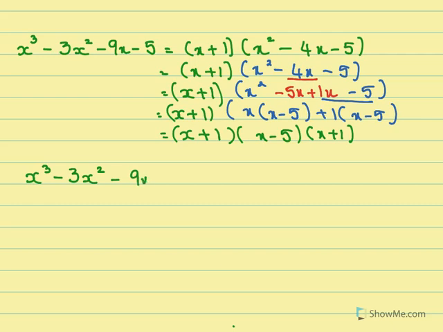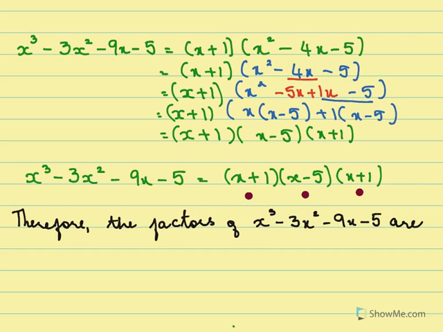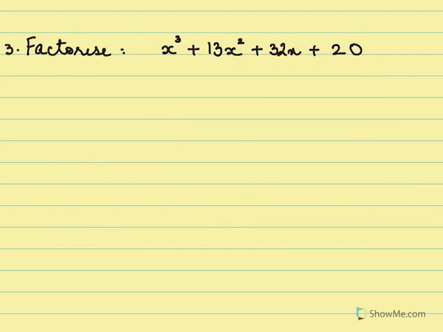So x cube minus 3x square minus 9x minus 5 equal to x plus 1, x minus 5 and x plus 1. So the three factors here, 1, 2 and 3. Therefore the factors of x cubed minus 3x squared minus 9x minus 5 are x plus 1, x minus 5 and x plus 1.